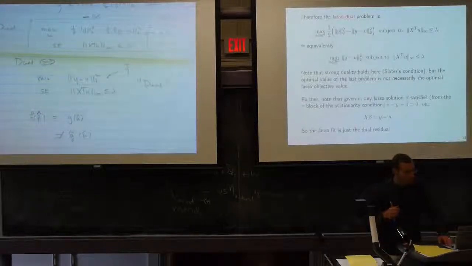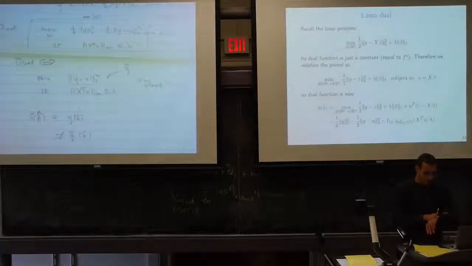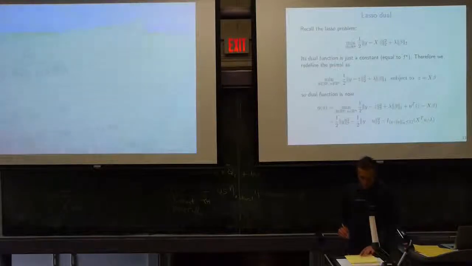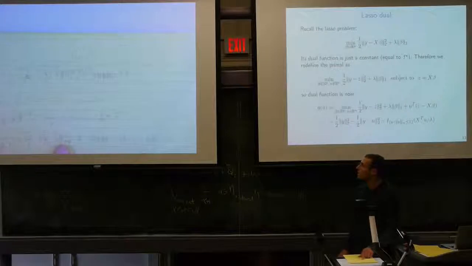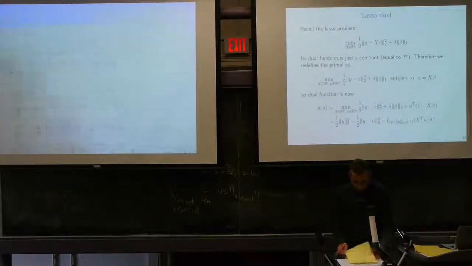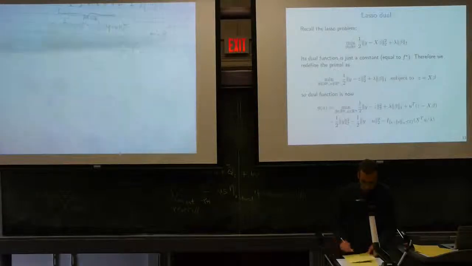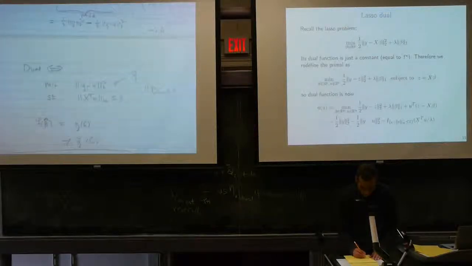What's another subtlety? The last thing we'll end on is this. I wrote this problem with z equal to x beta. What happens if I instead wrote down this equality constraint problem, which is also the same: y minus x z squared plus lambda times the L1 norm of beta, subject to z equals beta.